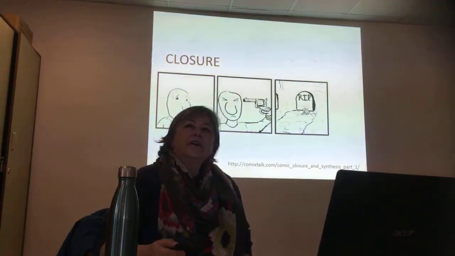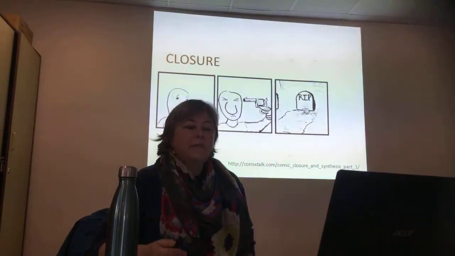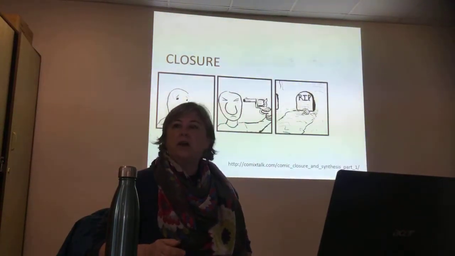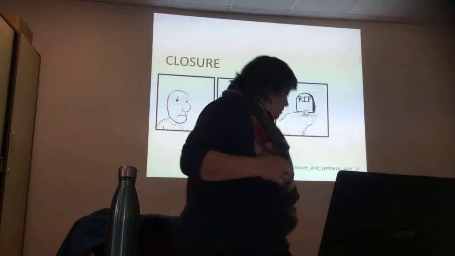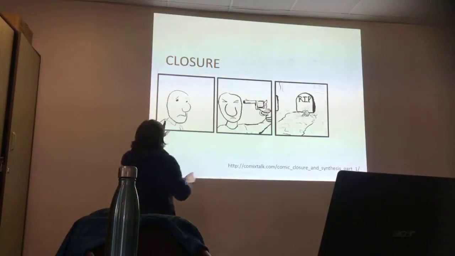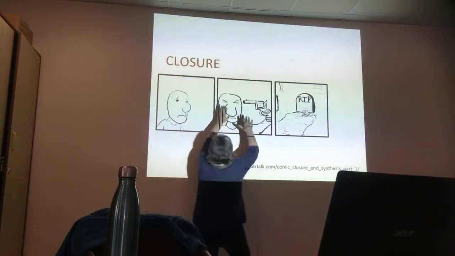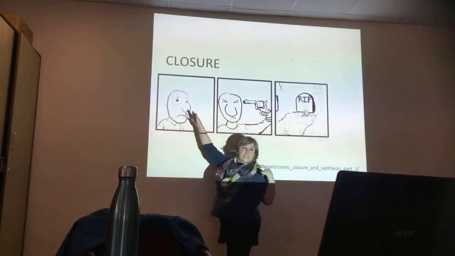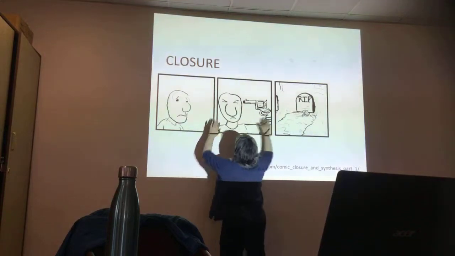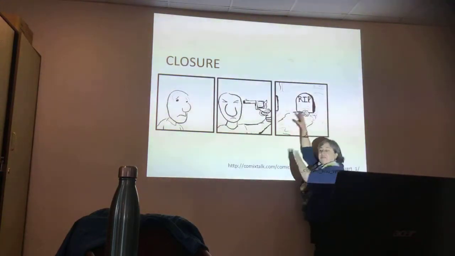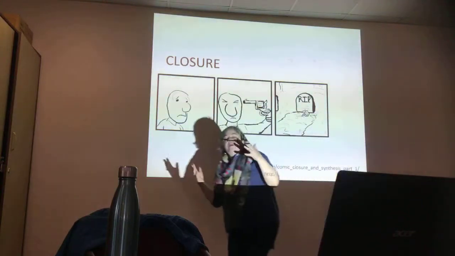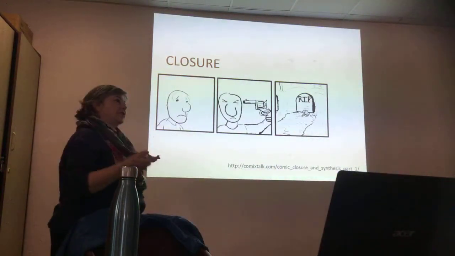So the first and foremost one in the comics medium is this thing that we call closure. Okay, and what you see here are three different panels. If you can imagine not seeing this and you just see this guy's face, or you just see the gun pointed to his head, or you just see the grave, individually you could imagine many things behind those stories.